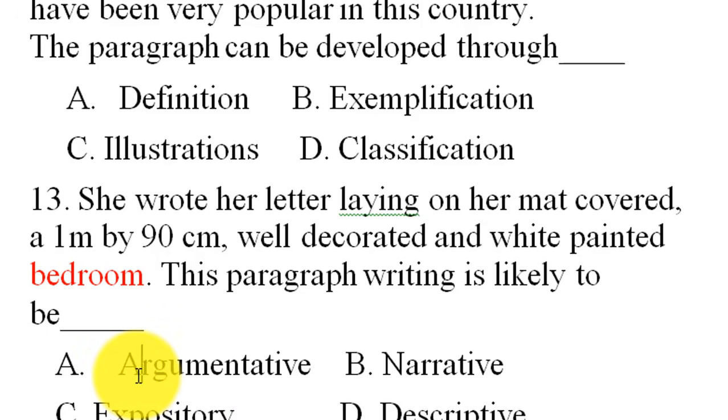Argumentative: its purpose is to convince the readers by justifying or putting some tangible evidence. Argumentative, which is debatable. There is one side pro and one side con. There is an argument between pro and con. So this kind of paragraph is argumentative. For instance, smoking cigarettes should be banned.